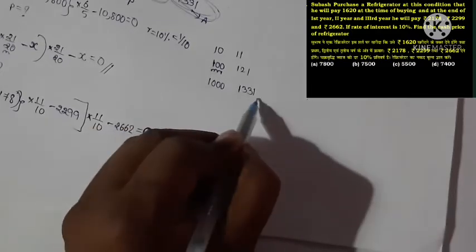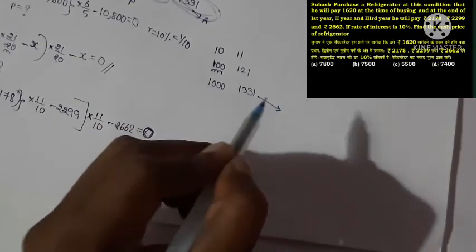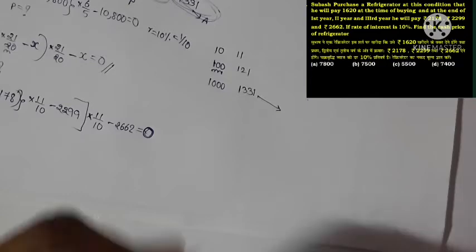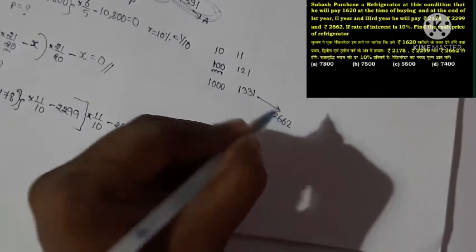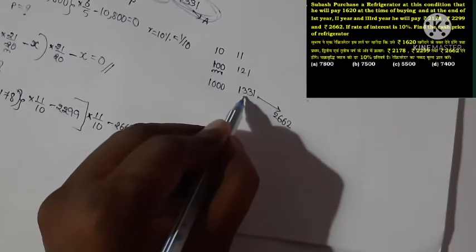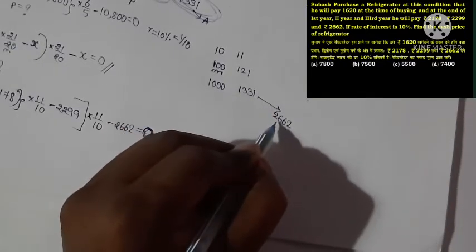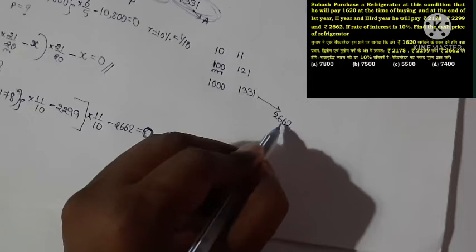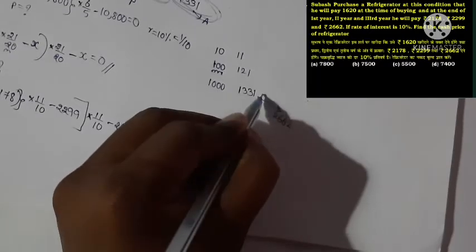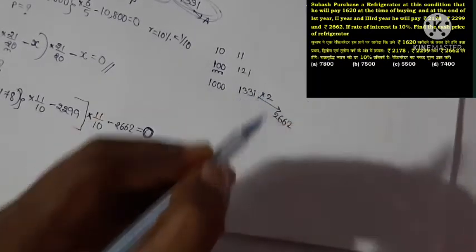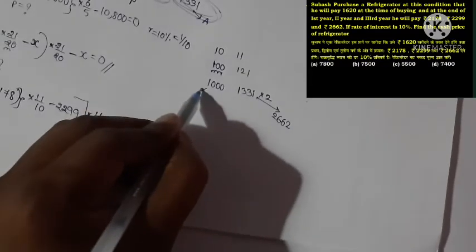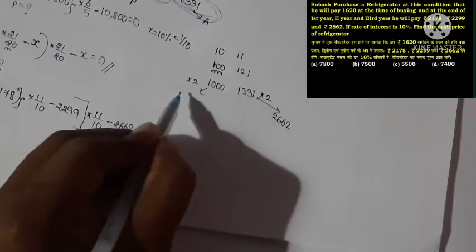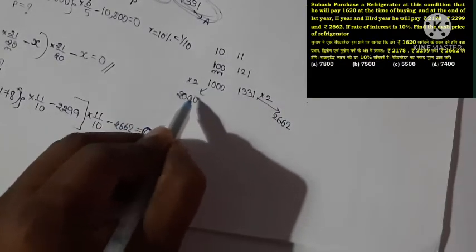So third year installment is 2662. So 1331 represents 2662. So 1 unit represents into 2. Then we will get 2662. So here the principal is into 2. The value is 2000.